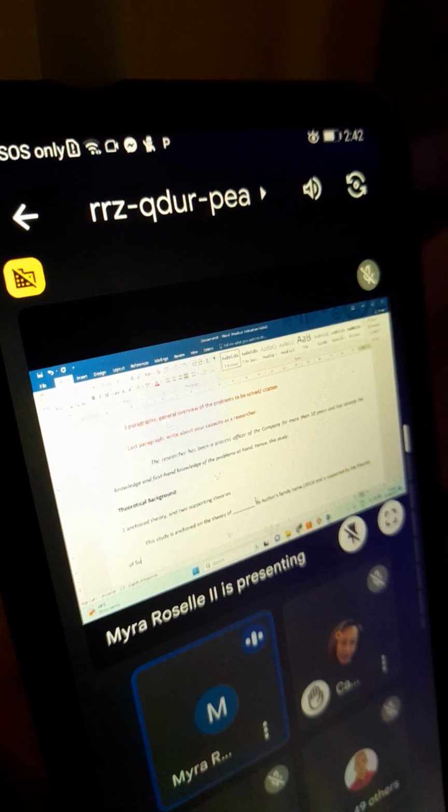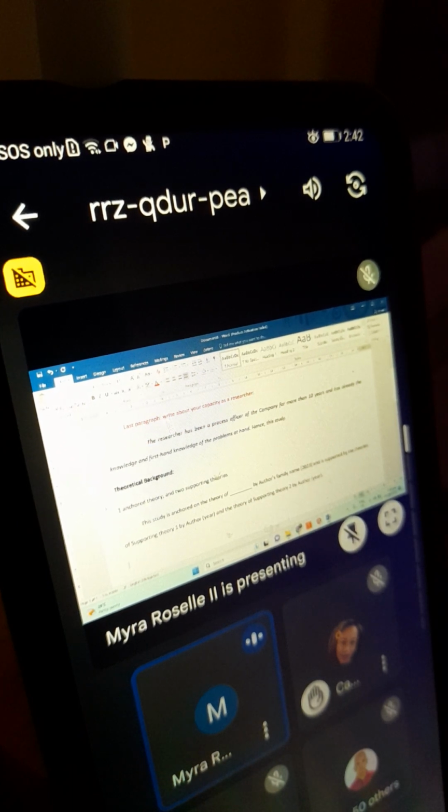So you have supporting theory 1 by author and year, and the theory of supporting theory number 2 by author and year. Okay, so this would be the first paragraph of your theoretical background.